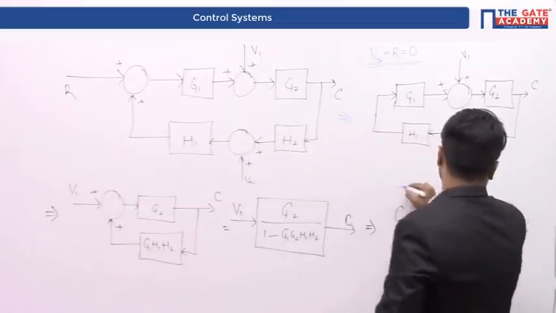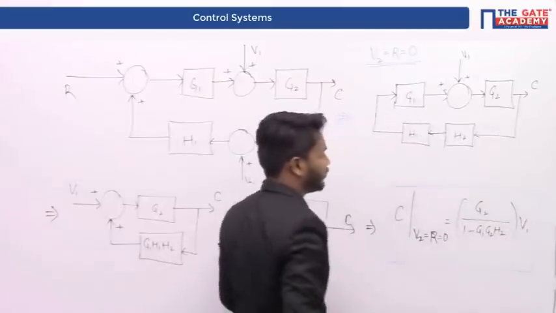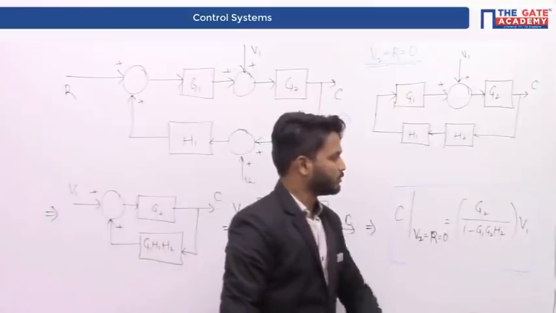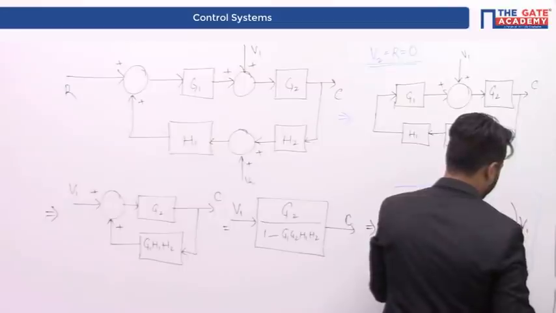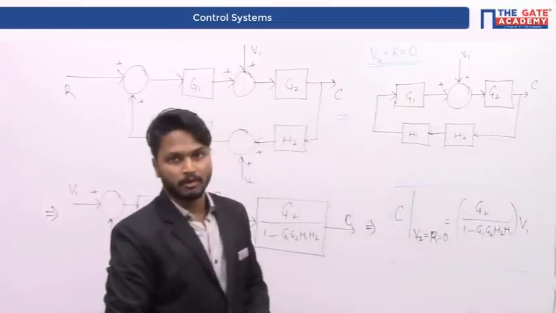So, this is the output when only V1 is present.